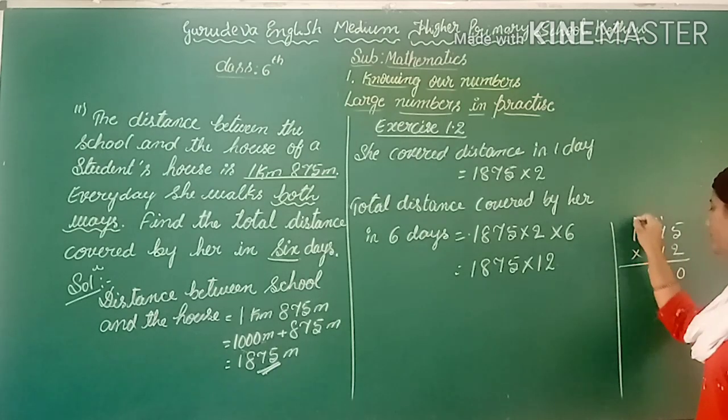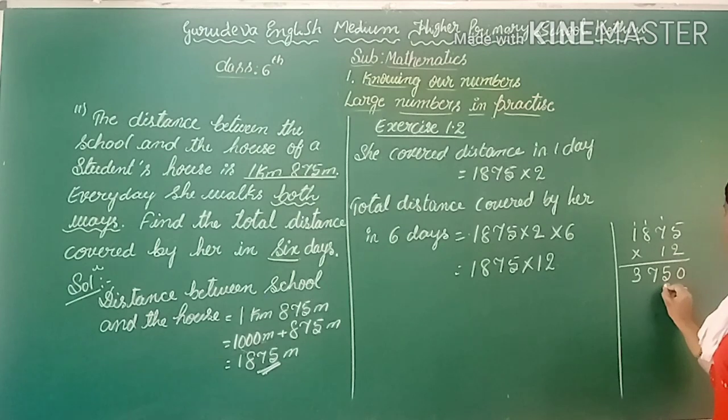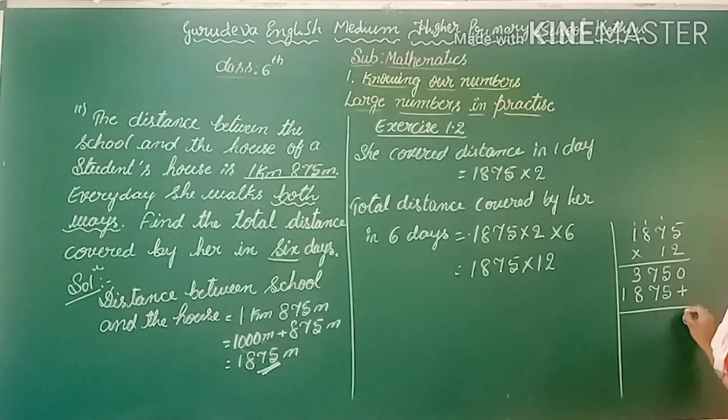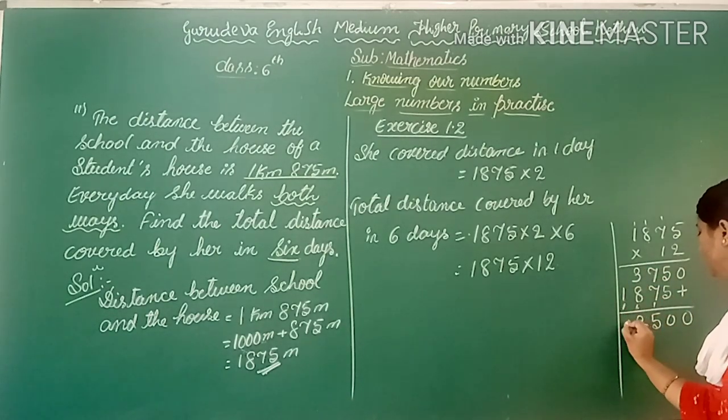Then 2 ones are 2, plus 1 is 3. Then 1 five is 5, 1 seven is 7, 1 eight is 8, 1 one is 1. Then add, here 0. 5 plus 5 is 10. 7 plus 7 is 14, 14 plus 1 is 15. Carry, 8 plus 1 is 9. 9 plus 3 is 12. Carry 1 plus 1 is 2.